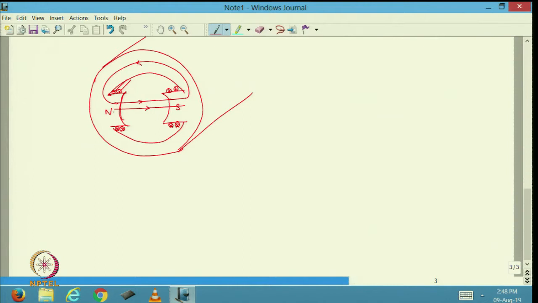Just to complete the magnetic circuit path, I will need a ferromagnetic substance, which is known as the yoke region. So, this is the yoke, this is also the yoke, and these are the field poles. This is the north pole and this is the south pole. So, I have shown a two pole machine.